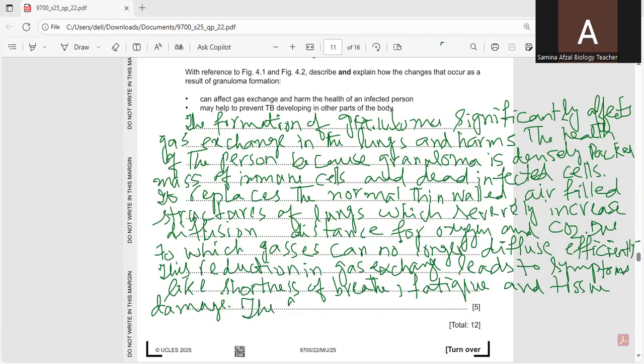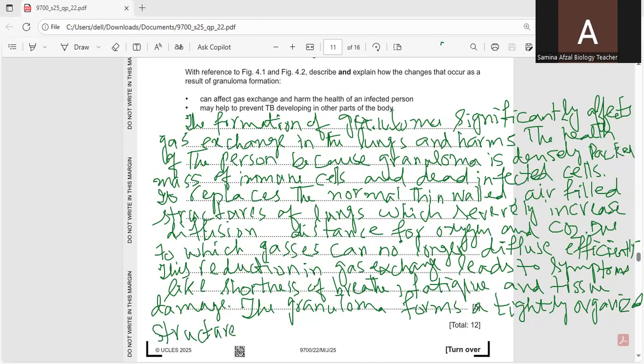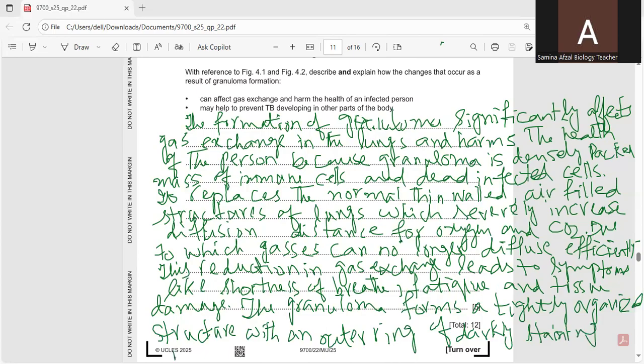The granuloma forms a tightly organized structure with an outer ring of darkly staining white blood cells.